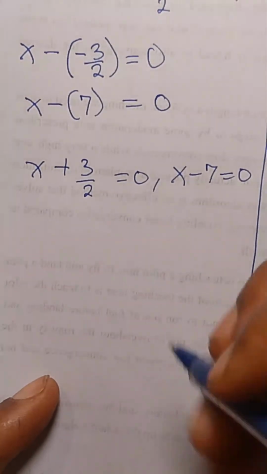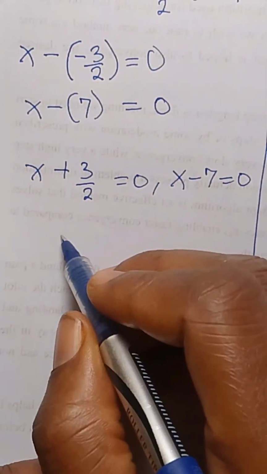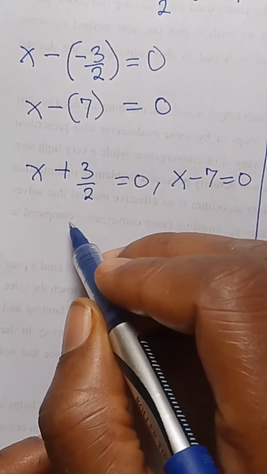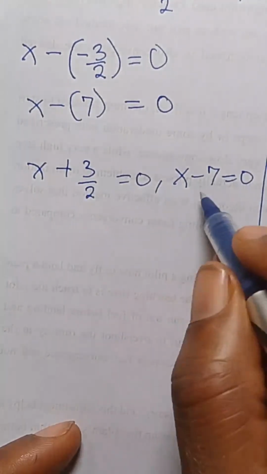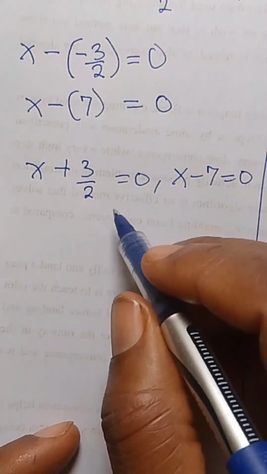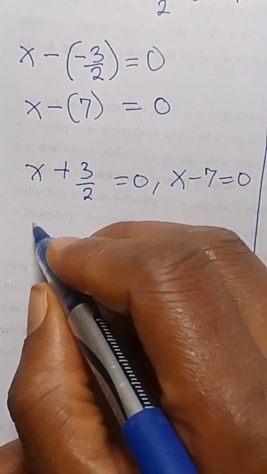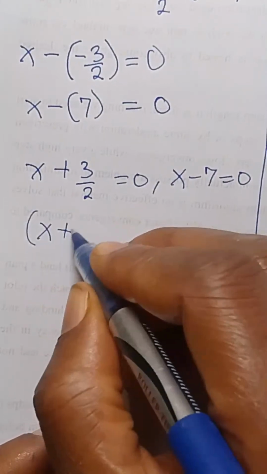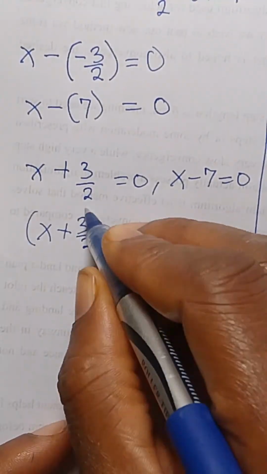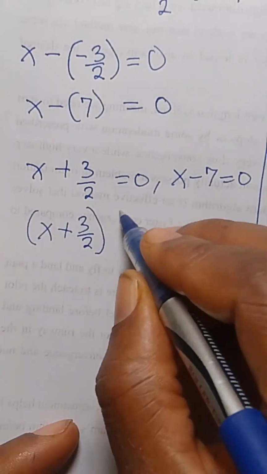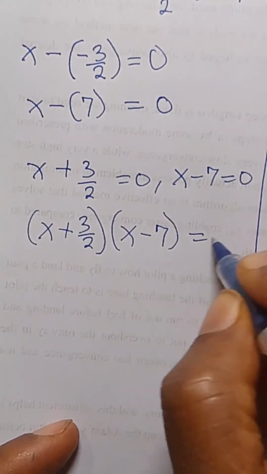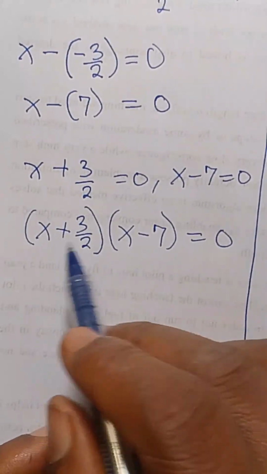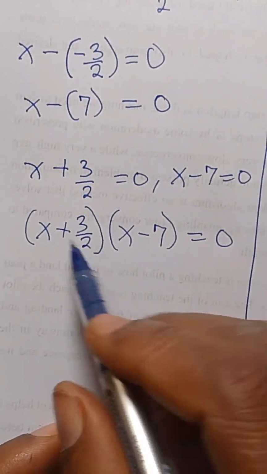We are going to pick these two equations, bring them together and expand them. We have x plus 3 over 2 in brackets, and then x minus 7, and it's equal to 0. So we are going to open this bracket and expand.